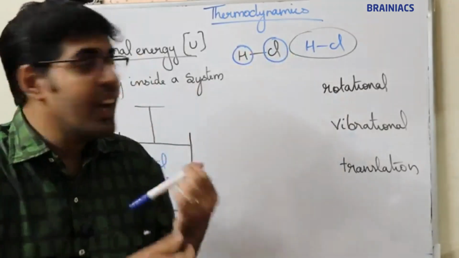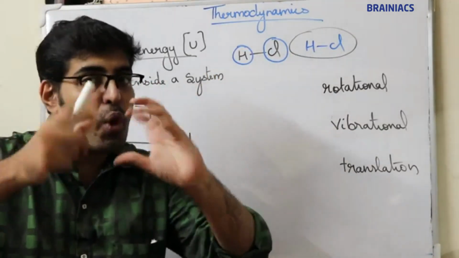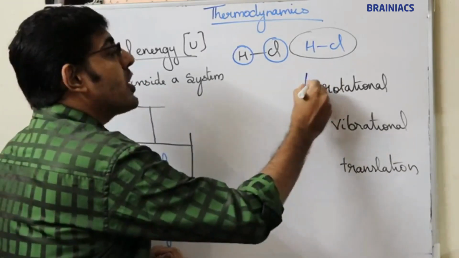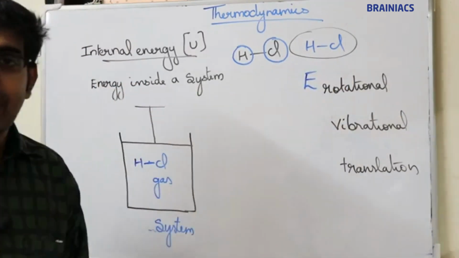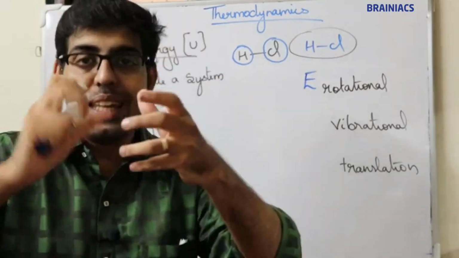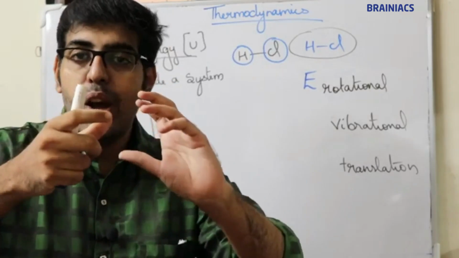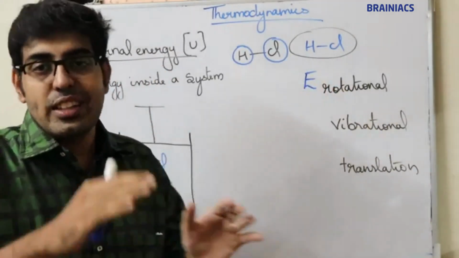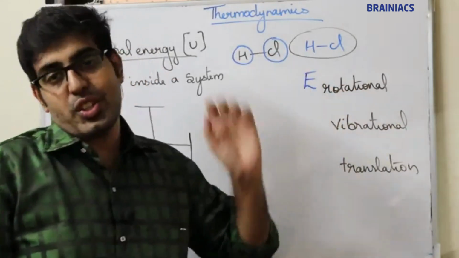As a result of their rotational motion, they have an energy, and that energy is known as rotational energy. Due to rotation of the H atom and Cl atom in the HCl molecule, they have rotational energy. Let the rotational energy be E rotation.